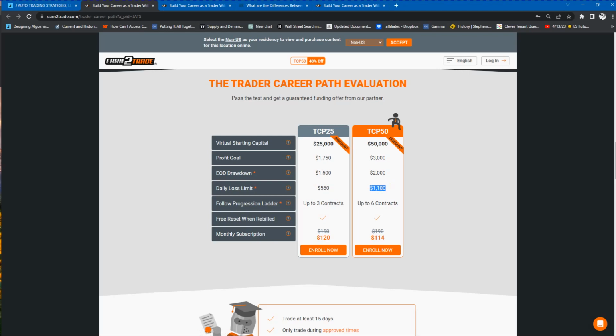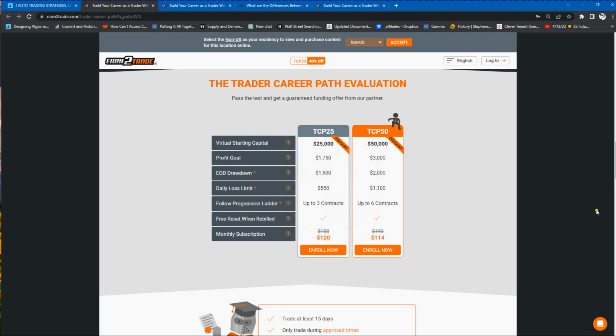Don't crash that. Trade up to 6 contracts, but using your scaling plan. There is a progression ladder that you would want to follow: you would have 2 contracts up to a certain dollar amount, and then you can get up to 6 contracts for that 50,000 account. Meet the other requirements.